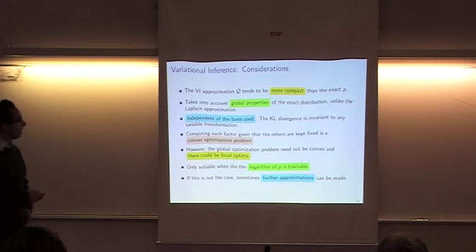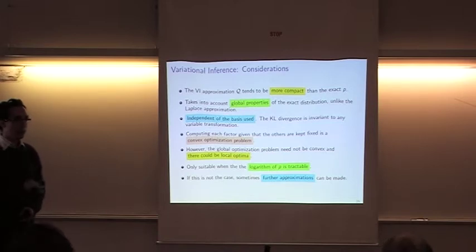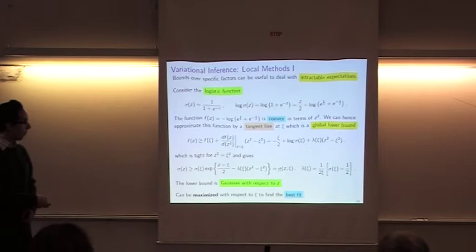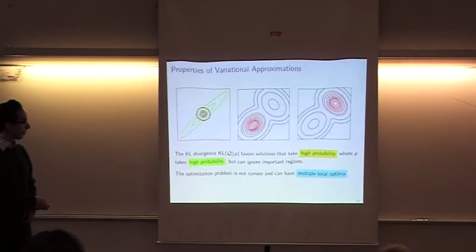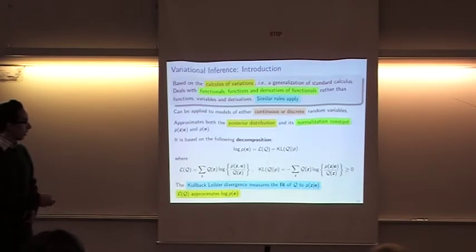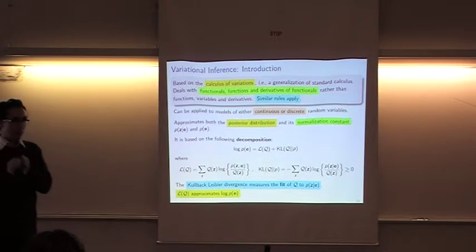With variational inference, we are looking at all the properties of the posterior distribution, because we are computing the error, which is given by an expectation with respect to Q of this ratio. So instead of just the mode, we focus on all those regions in which Q takes large values.